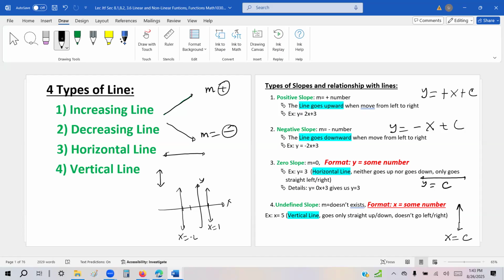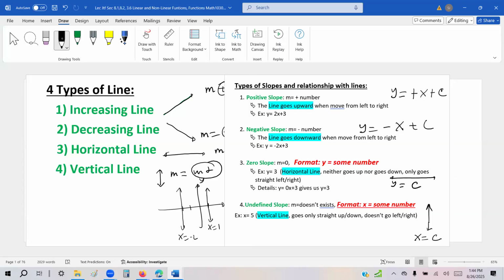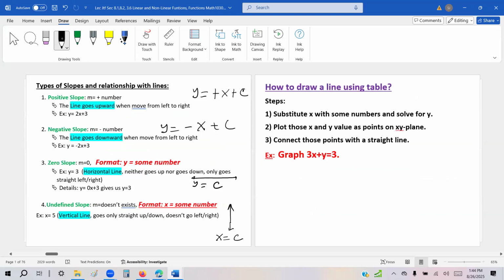So a vertical line doesn't have any slope. If we say 0, 0 is here. Horizontal line, slope is 0. The horizontal line has slope 0 and the vertical line has slope undefined, meaning doesn't exist. So 4 types of line, 4 types of slope. Any question? Great. Let's see what they have next.